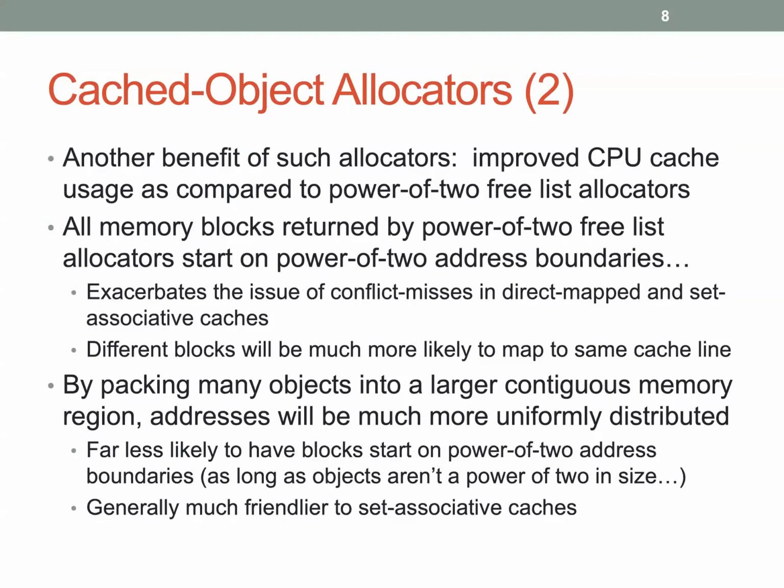When you chop that big chunk of memory up into these smaller bits, the addresses are going to be much more uniformly distributed and will therefore play much nicer with the hardware caches. So this is a hugely important component of the benefit of these cached object allocators. They play a lot nicer with the hardware caches on the processor than power of 2 allocators do.